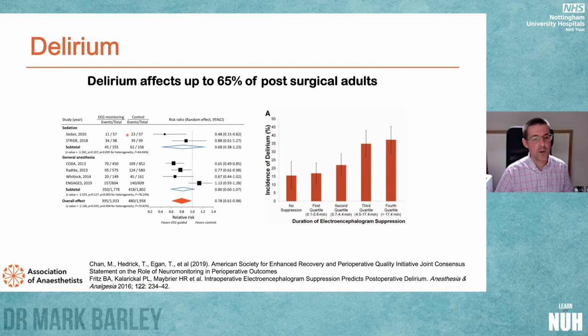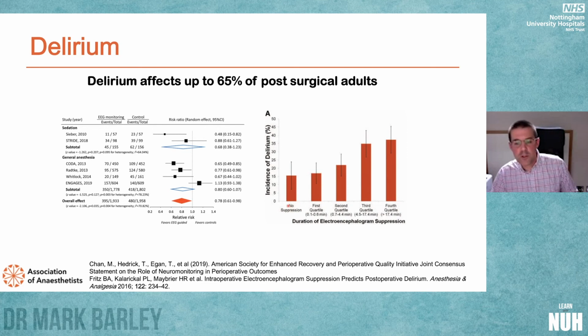But these patients were actually quite deeply sedated in the control group, which were blinded to the BIS monitor numbers. In general anaesthesia, some papers do show a reduction in the incidence of delirium. ENGAGES didn't, for reasons which we'll come to, but the overall effect was a reduction in the incidence of delirium. Cochrane quantified this at somewhere around about a 32% reduction in their 2018 publication.